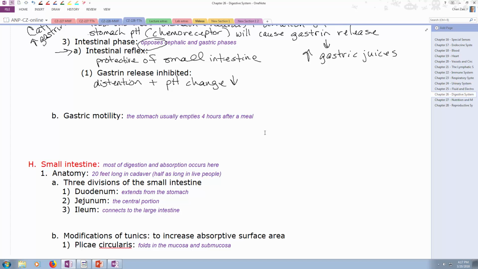The other thing that actually happens too when food starts entering into the duodenum, we will get a release of two other hormones, secretin and CCK.